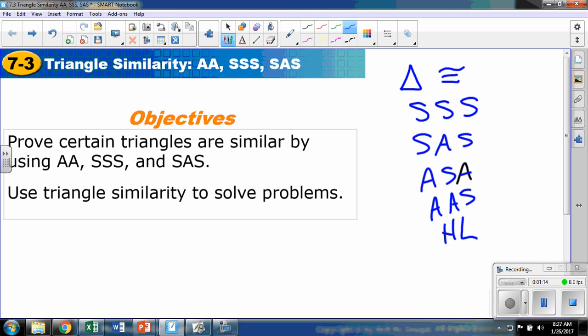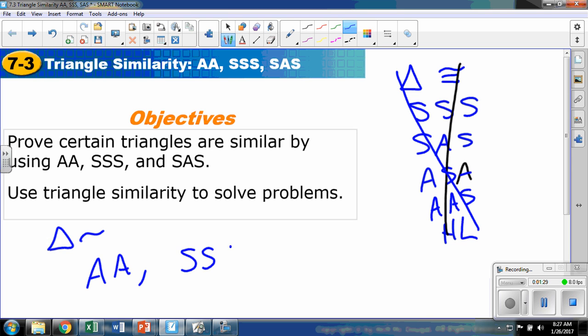Very, very similar in structure, but instead of having these 5 tools for triangle congruence, in order to get triangle similarity, we only have 3. Angle-angle, side-side-side, and side-angle-side.